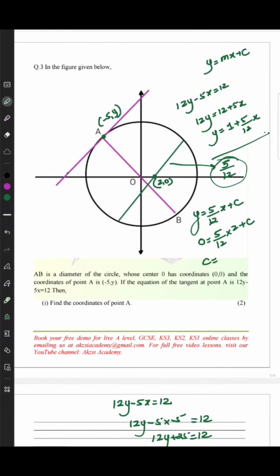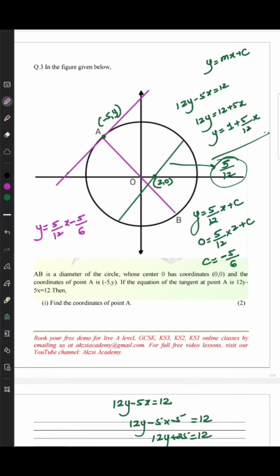So c is equal to minus 5/6. So your final equation of this chord is y = 5/12 x - 5/6. That's the equation of this chord.